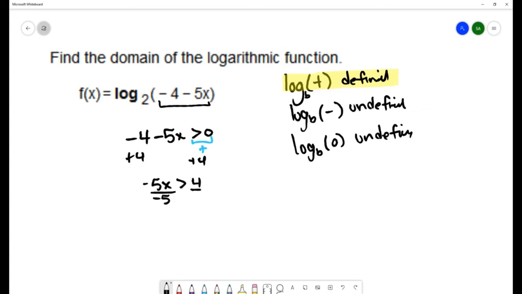Divide both sides by -5. Whenever we divide an inequality by a negative, we need to reverse that inequality symbol. And we're going to get x is less than -4/5. So the domain will be x is less than -4/5. We typically write that in interval notation.